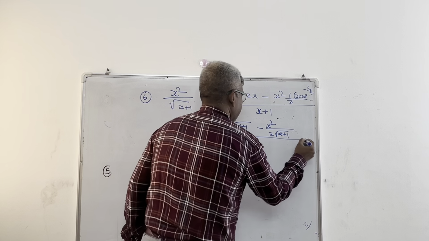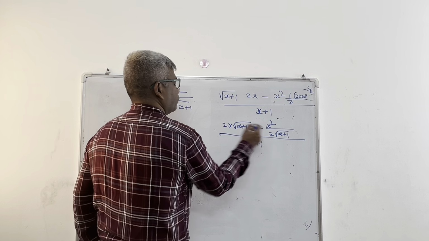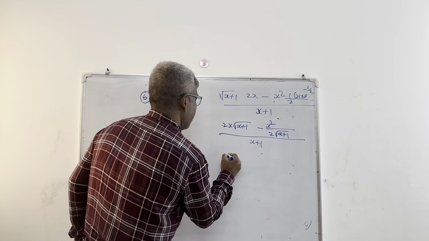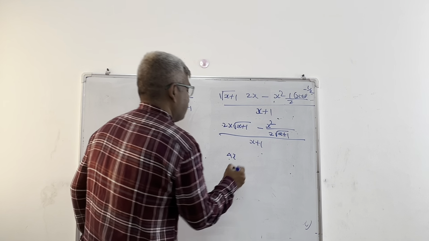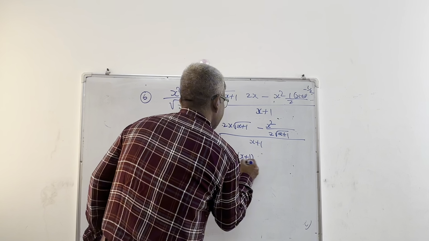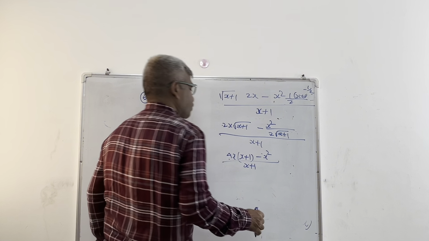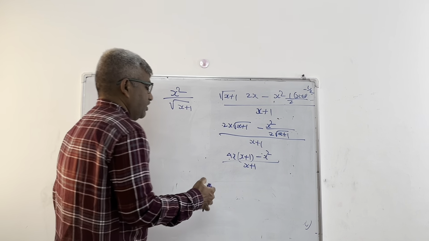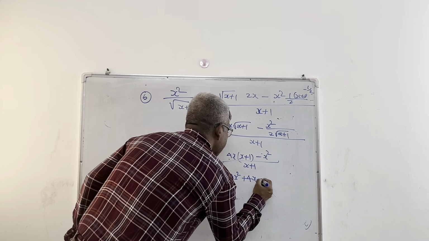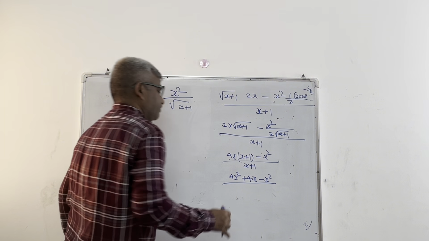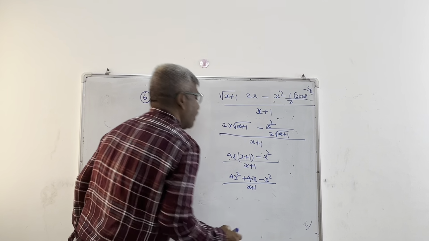Make it LCM. Just multiply 2x by 2, which is 4x times square root of x plus 1, and square root of x plus 1 times square root of x plus 1 will become x plus 1, minus x squared over x plus 1. So 4x squared plus 4x minus x squared over x plus 1.